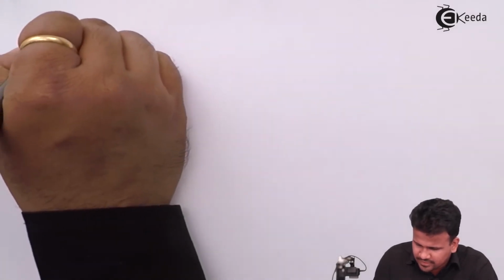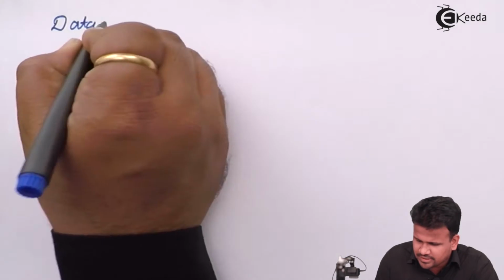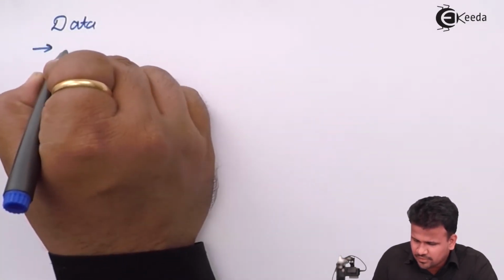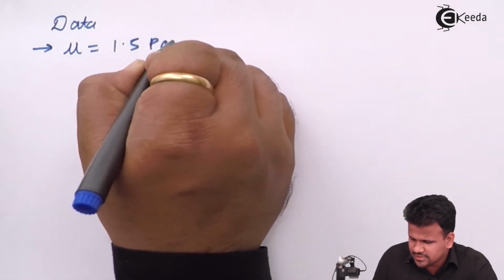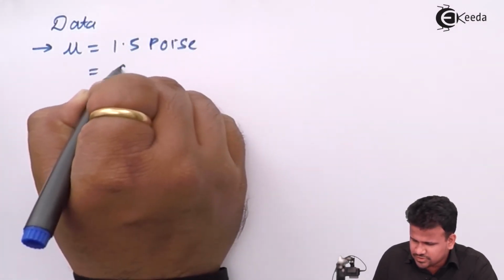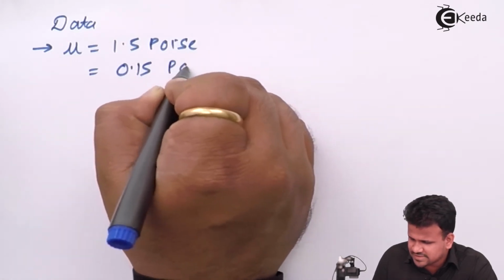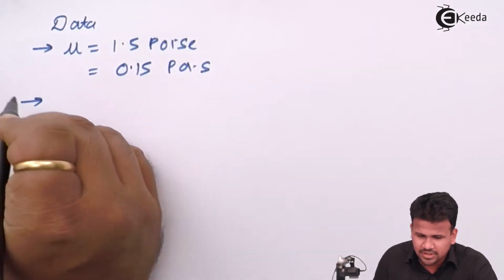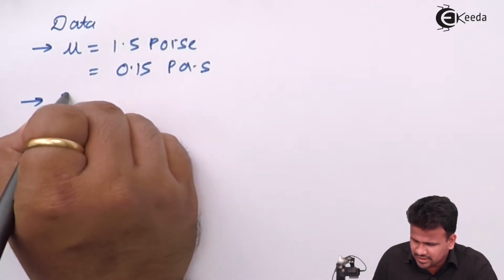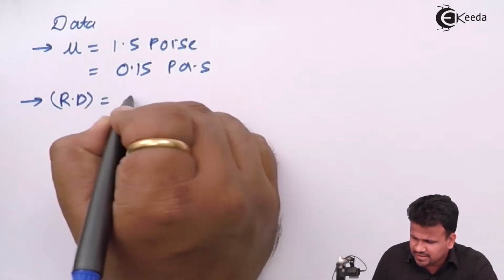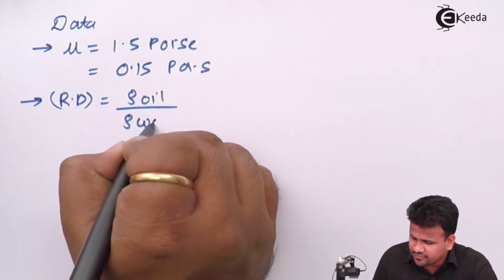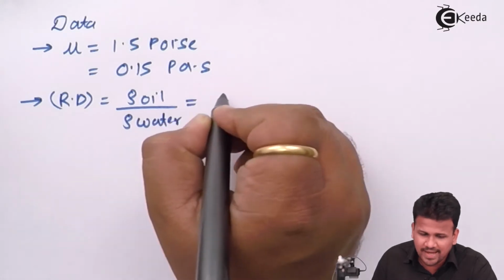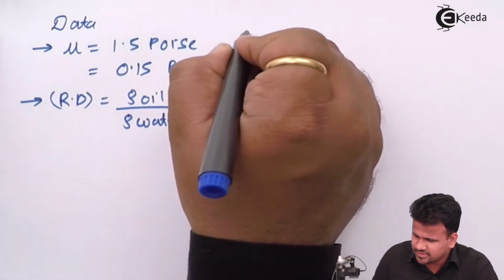So let us write down the things which we know. That is, first, the data. First, they have given us the viscosity, that is 1.5 poise, which is equal to 0.15 Pascal seconds. Next, the relative density, that is the density of oil to the density of water, which is given as 0.9.